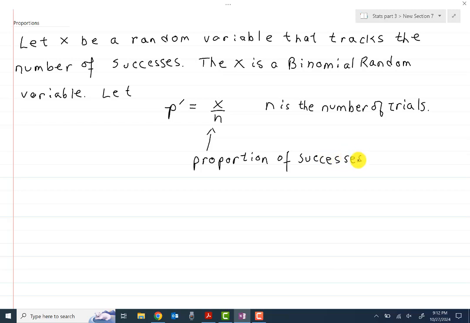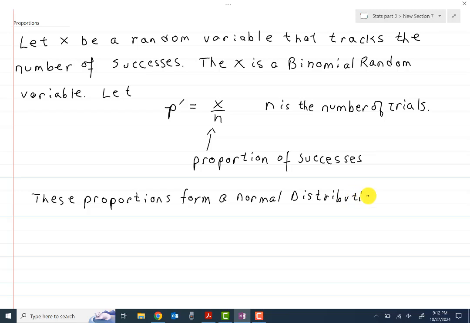These proportions do form a normal distribution, when, of course, n is large enough.